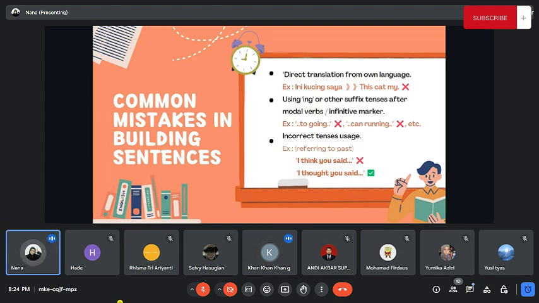Yes, what I want to mention here is sometimes you want to say I think you said something, and that is correct too. But this one I notice a lot when people want to say they thought about something. Maybe you're not Indonesian or Malaysian, right? You may be from another country. Hello, can you hear me? Okay.